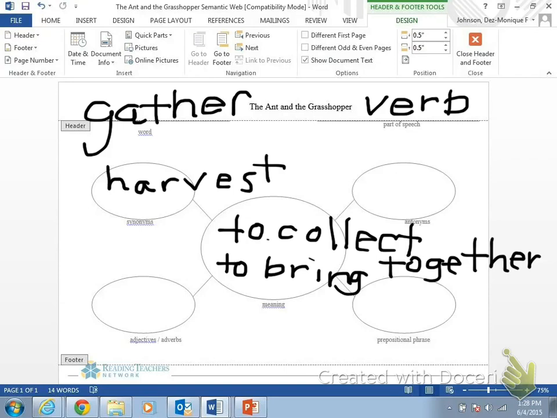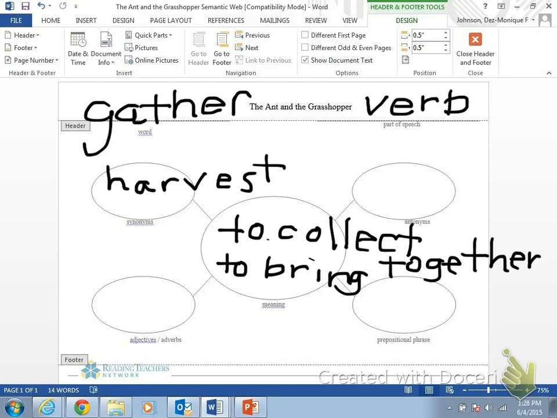Now we're going to do the same thing for antonyms, a word that would mean the opposite of gather. What word would mean the opposite of gather? So if I'm not harvesting, maybe I'm giving it away. Maybe I am scattering.